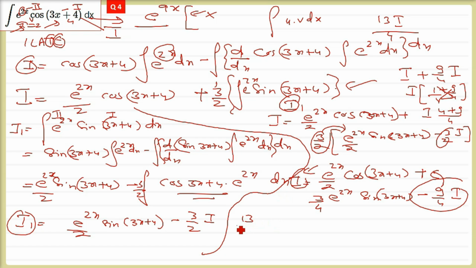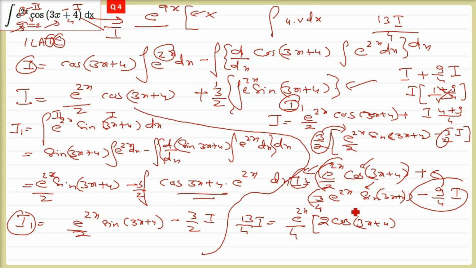So 13 by 4 I is equal to, now you can take e^x common, and also you can take the denominator as 4. That means you can take the LCM of these two. Since we have a base of 4, you have to multiply 2 with cos(3x + 4) because only 2 is in the denominator, and we have taken 4 as the denominator for LCM. And since 4 is already there with the sine term, it will remain like that.